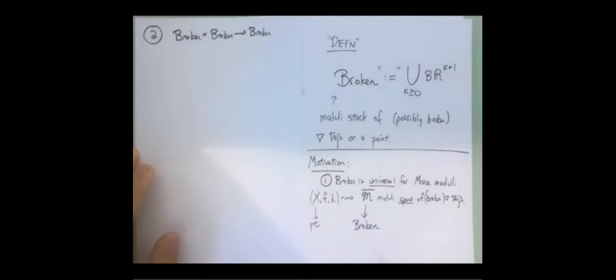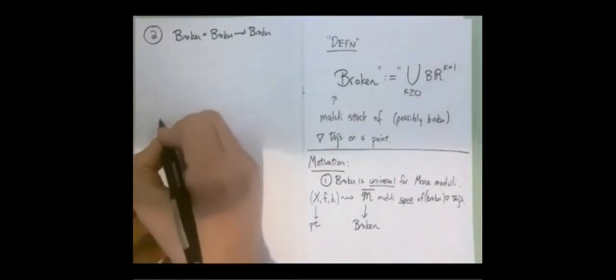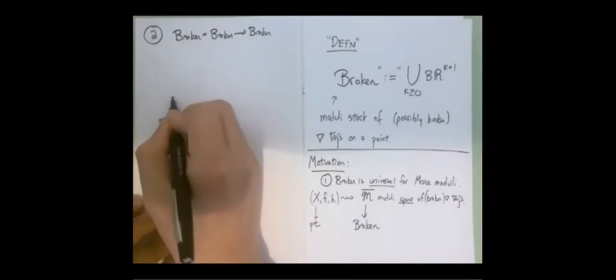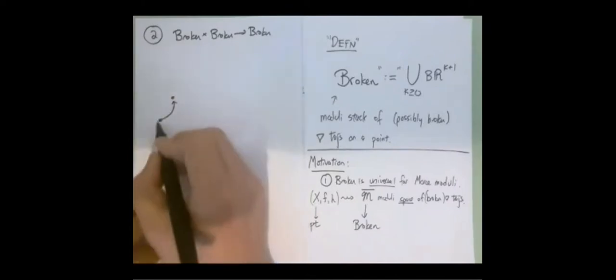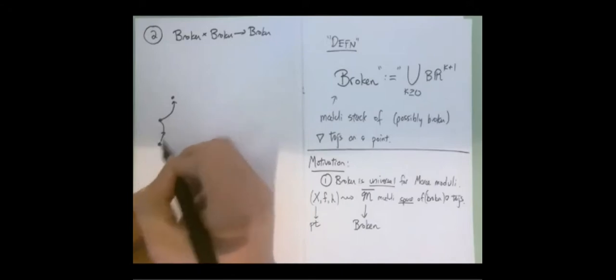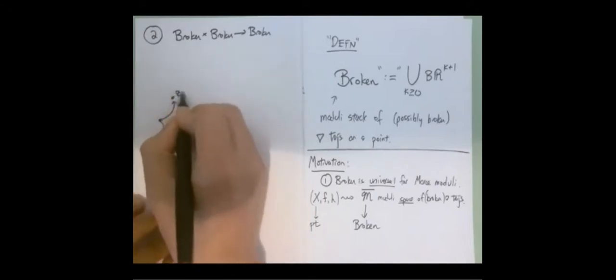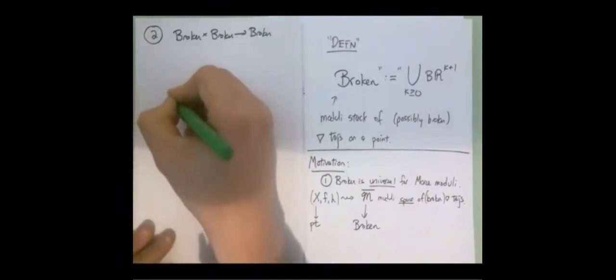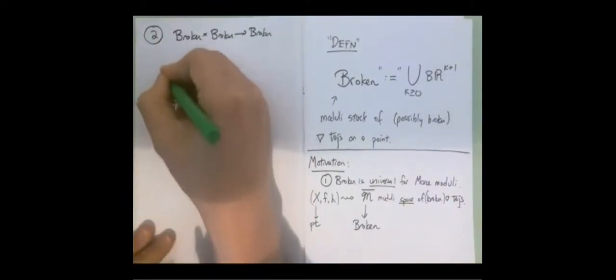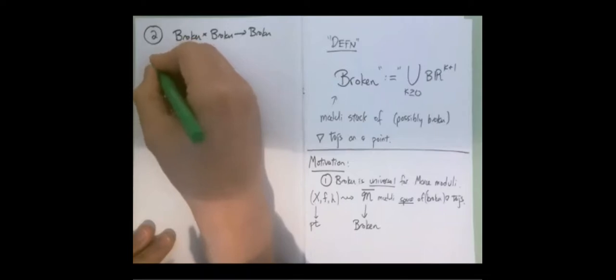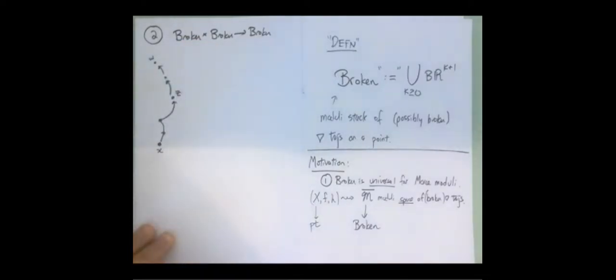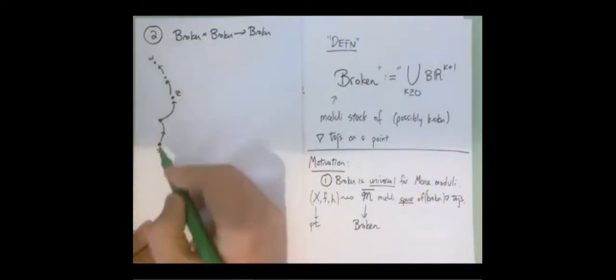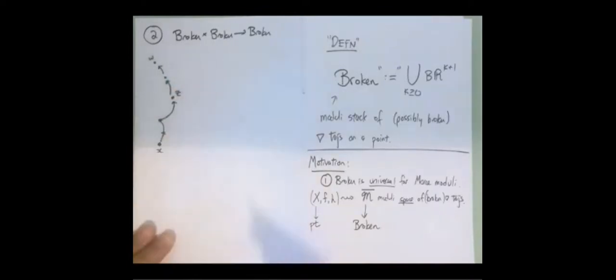And let me explain what this is. This is nothing more than concatenation. For example, if our manifold X were some actual higher dimensional manifold, let's say that I have some broken gradient trajectory from X to Z. And let's say that I had some other broken gradient trajectory that I'll draw in green from, say, Z to W. Well, of course, I can concatenate these to obtain a broken gradient trajectory from X to W.